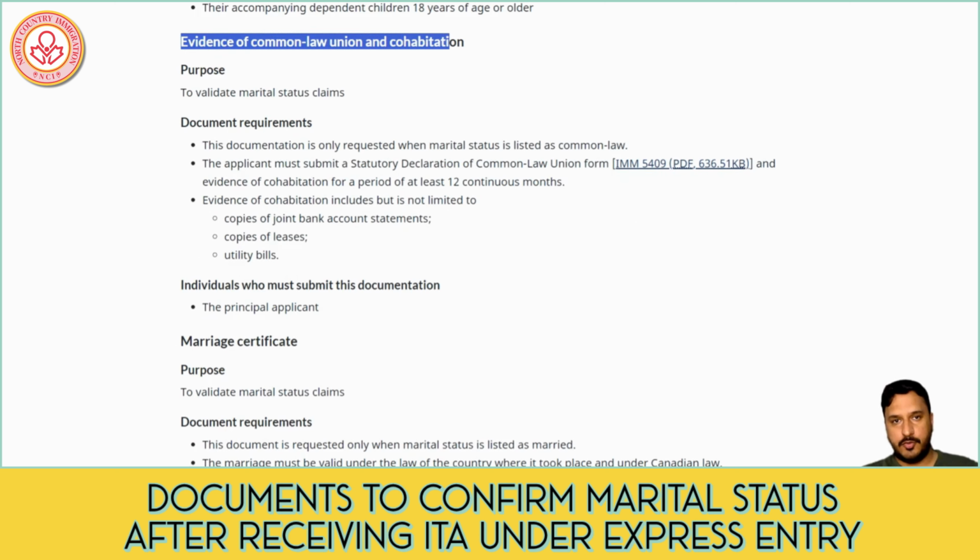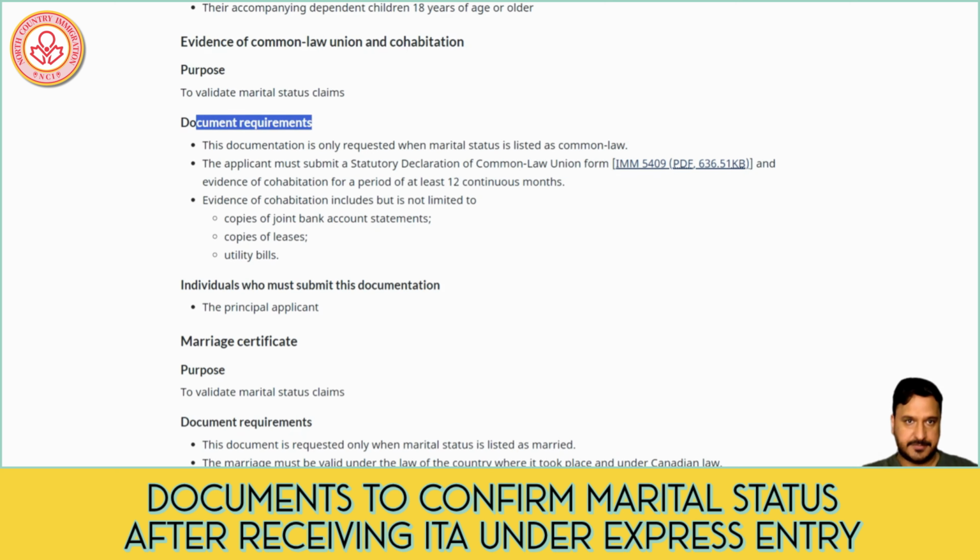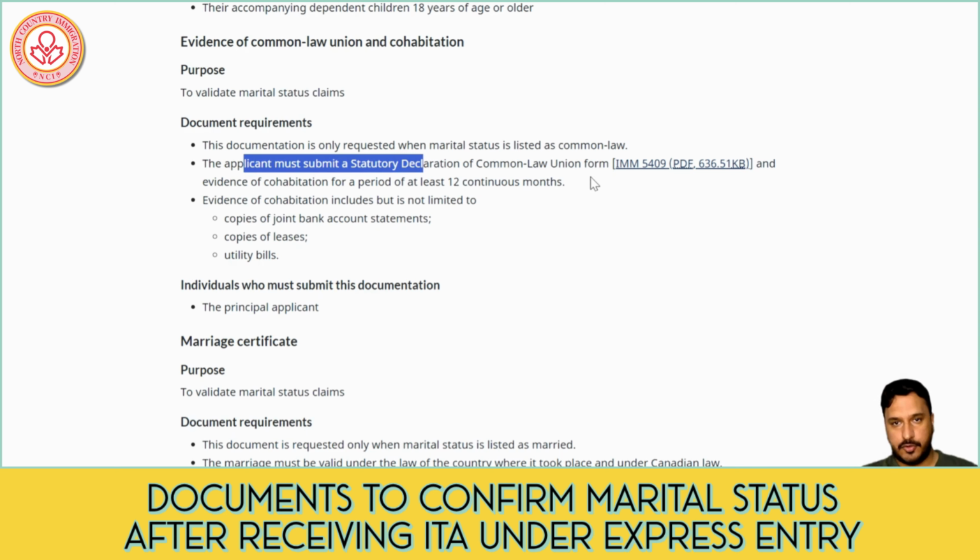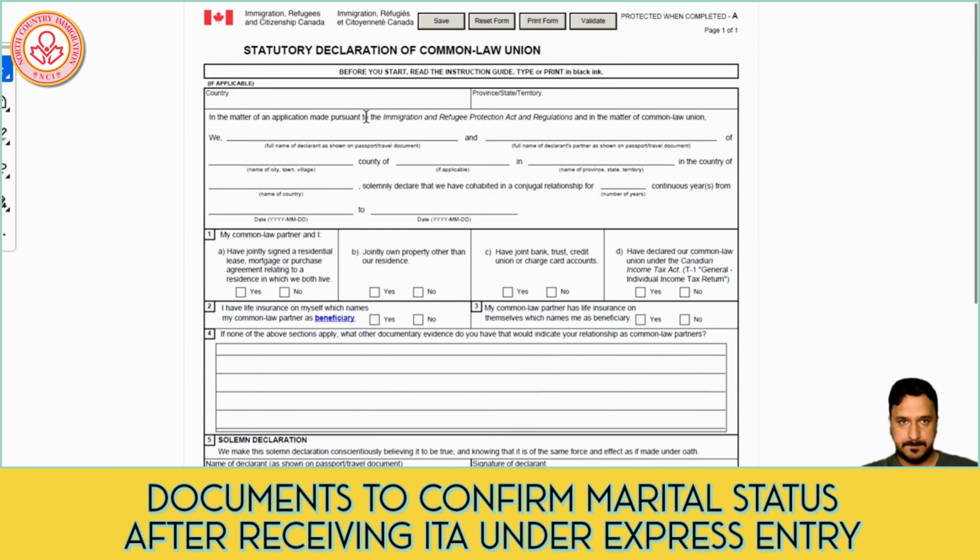Evidence of common law union and cohabitation. Document requirements: the applicant must submit a statutory declaration of common law union, form IMM 5409, and evidence of cohabitation for a period of at least 12 continuous months. First, let's take a look at IMM 5409. So this is the document.